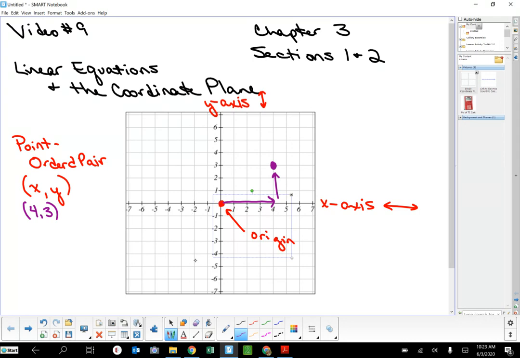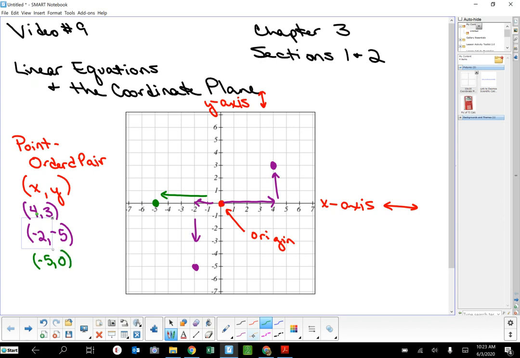Likewise, if I put one down here, that is over 2 and down 5, and it goes in a negative direction, so (-2, -5). How about on the coordinate axes? I'll do these in green. If I have one sitting out here in green, that is over -5 and up 0, so (-5, 0).